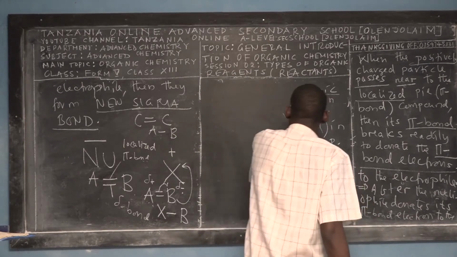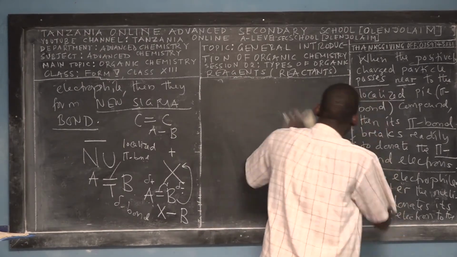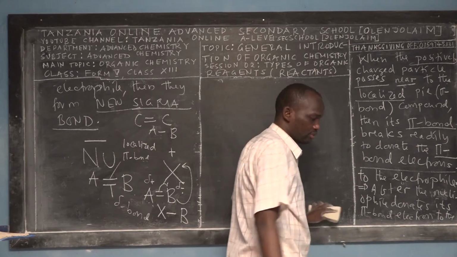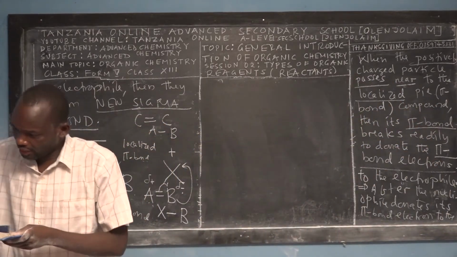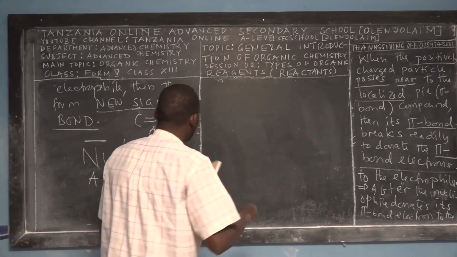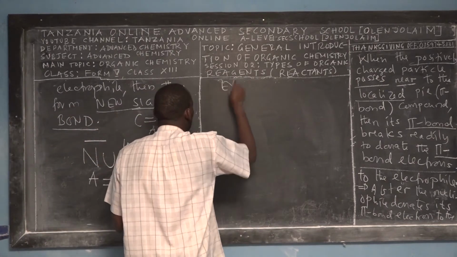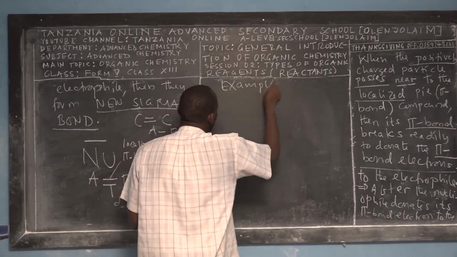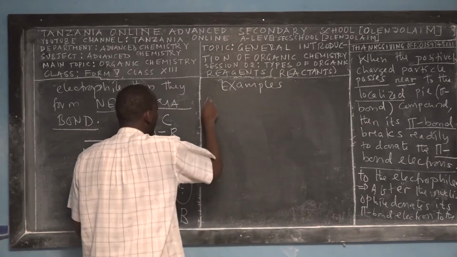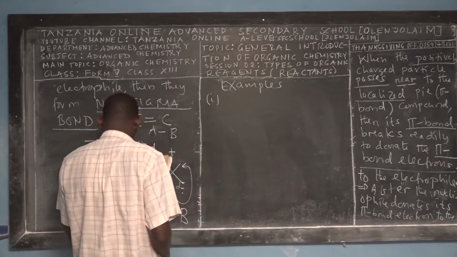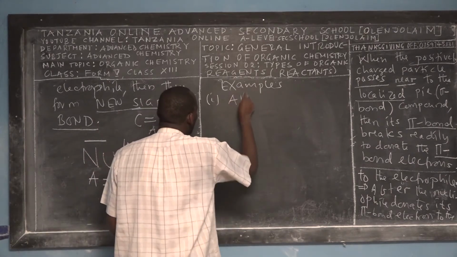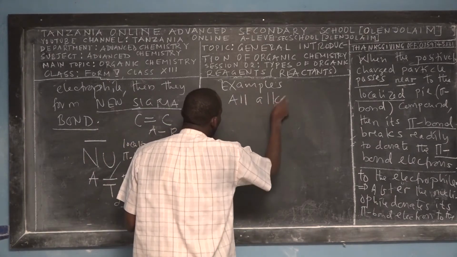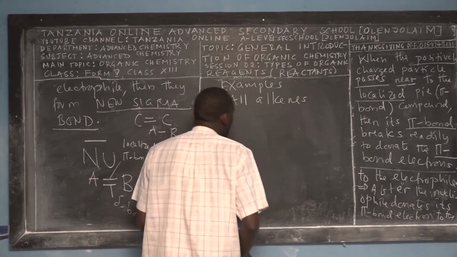So you understood this information, even more than what you thought. Okay? So if you've understood, I'd like to mention some examples of this nucleophile. The first example that I want to mention to you is alkenes.